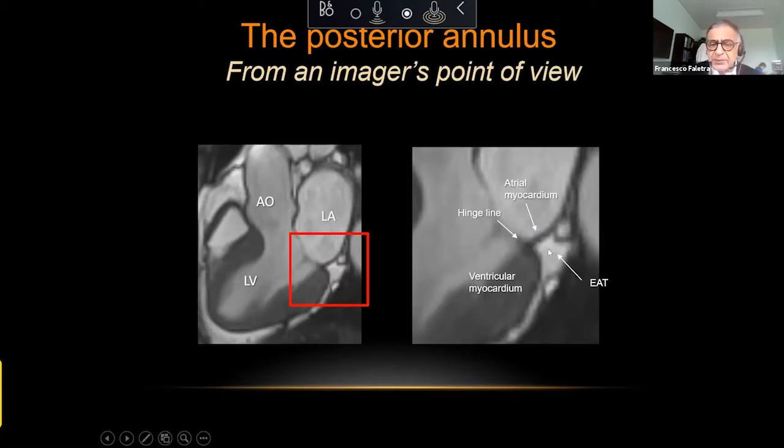The reason why the adipose tissue is so intrusive in this structure is because its role is, how do you say, insulating the atrial myocardium from the ventricular myocardium, so the electrical stimulus cannot pass through this structure, also because there is this adipose epicardial tissue here.